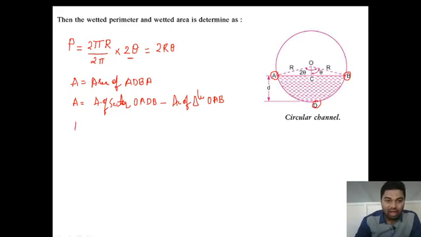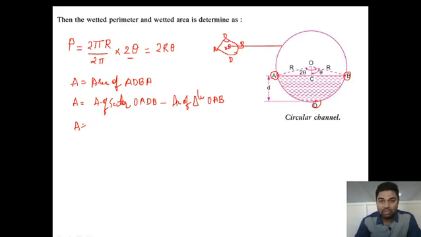Now the area of sector OADB is given by, look at this sector, this is the sector OADB. This angle is how much?